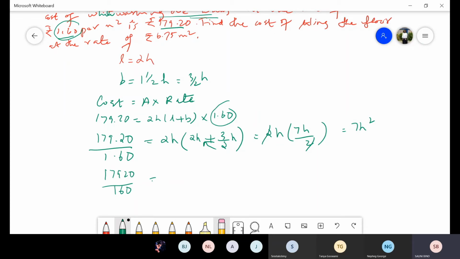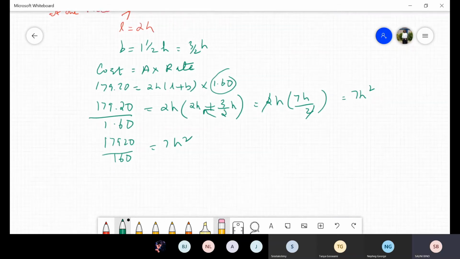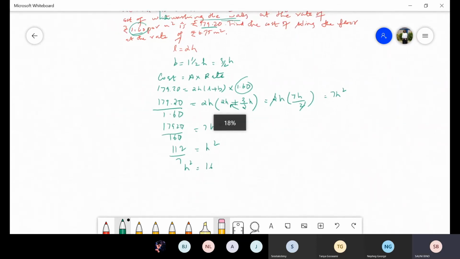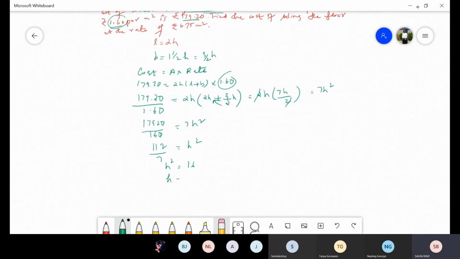Cancel, so 112 by 7 equal to h square, or h square is equal to 16. So what will be the value of h? H is equal to root of 16 and that is 4 meter. So we have the height as 4 meter.